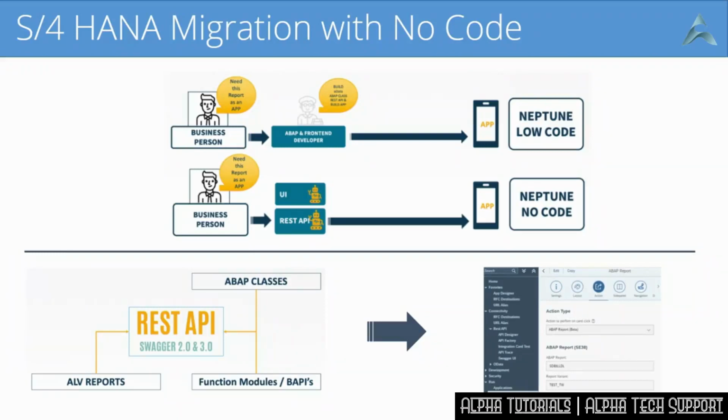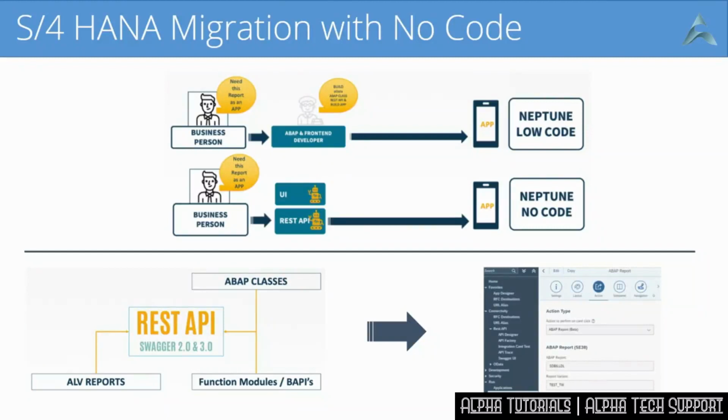The one that I really want to focus in, though, is the second one, the no-code option. And so there's 2 tools in Neptune. There's the API Factory, which I've talked about already, and then there's the App Factory. Both of these are no-code functions within Neptune.